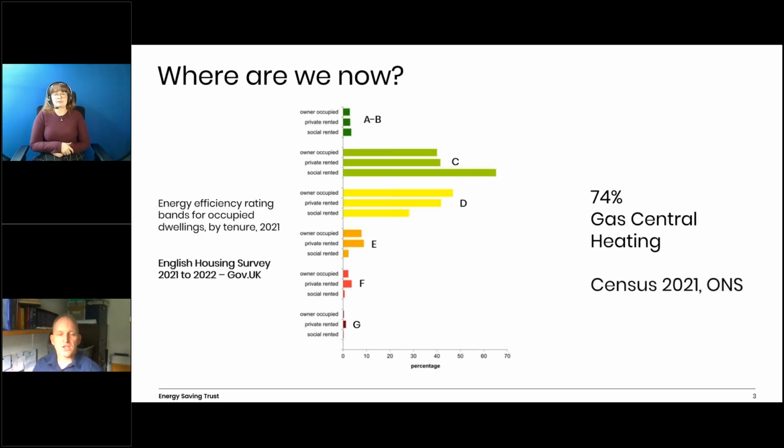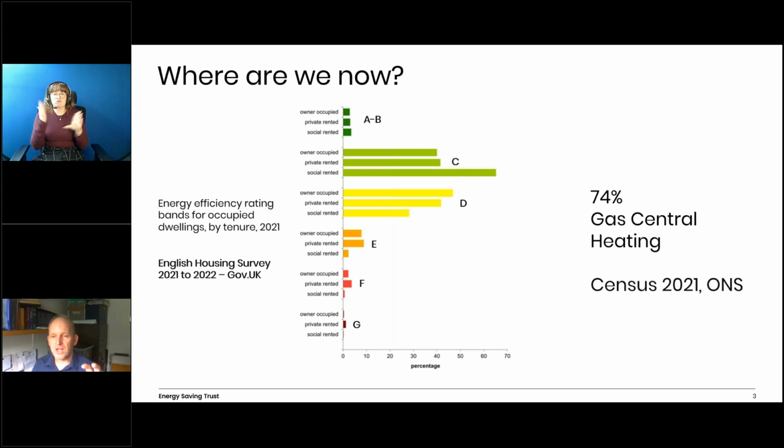Thanks, Nora. So where are we now? This is a distribution of SAP ratings for properties across England. What you can see is there's a smattering of A's and B's. There's a reasonable chunk of EPC Cs, but then there's this long tail of quite a lot of D's, then some E's, F's and G's. And in the E's, F's and G's, there's a notable prominence of private rented sector.